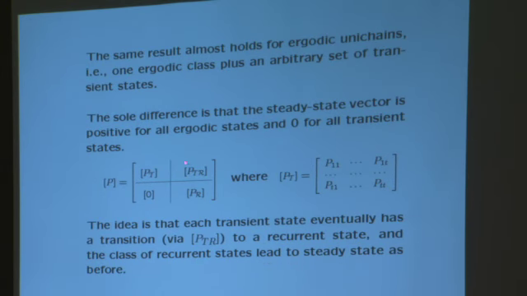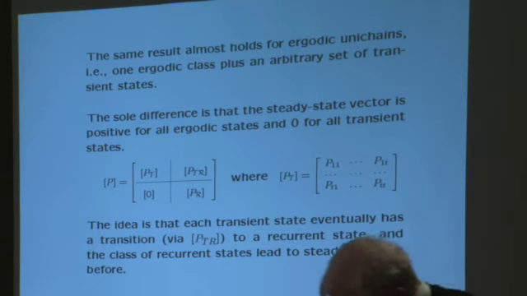These are the probabilities for going from the transient states to the recurrent class. And once you get over here, the only place to go is down here. And the transient class is just a t by t class, and the recurrent class is just a j minus t by j minus t matrix. Okay, so the idea is that each transient state eventually has a transition to a recurrent state, and the class of recurrent states leads to steady state as before.